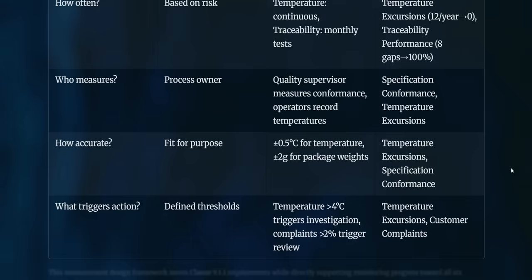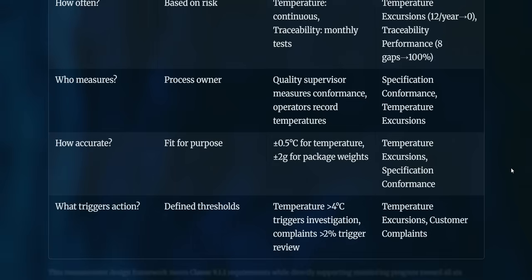Last question, what triggers actions in case of out of tolerance? The ideal answer is action is triggered based on a defined threshold. In our case in Global Meat House, for temperature, the action is triggered when it goes above 4 Celsius. It will trigger an investigation. And for complaints, when it rises above 2%, it will trigger a review.